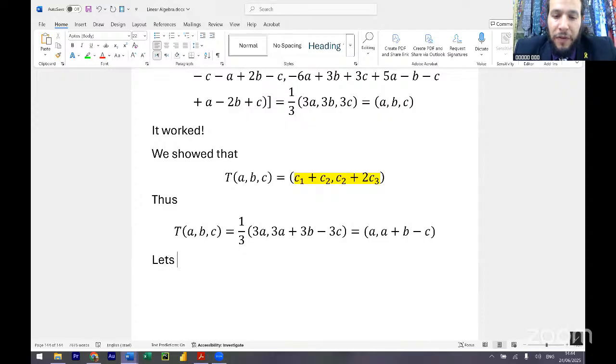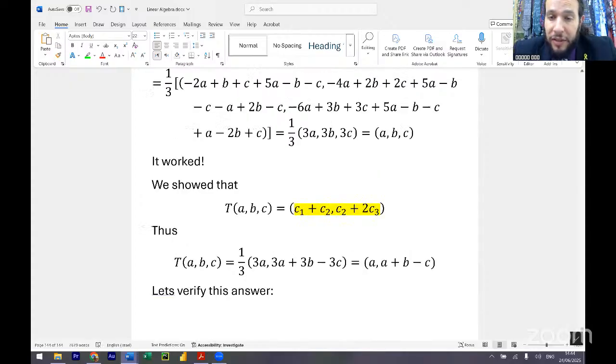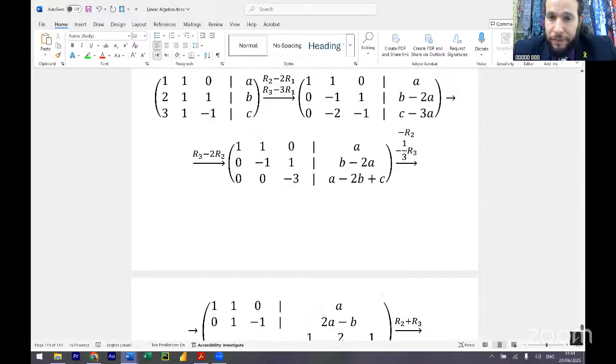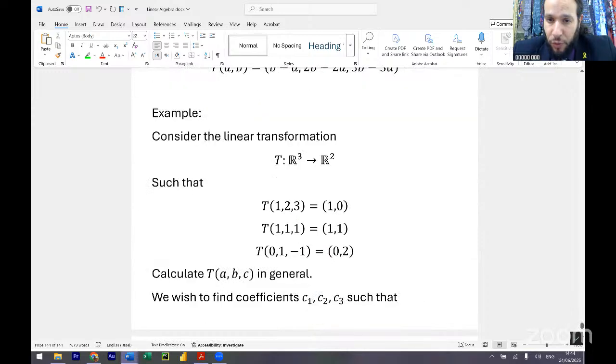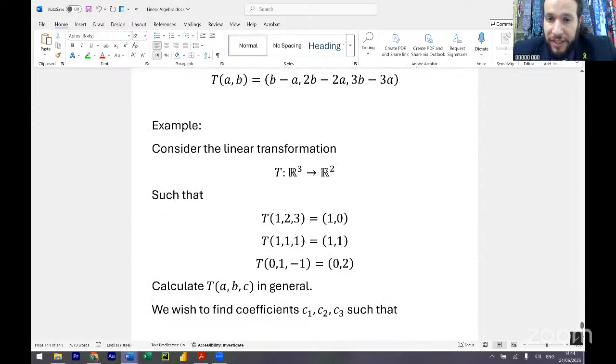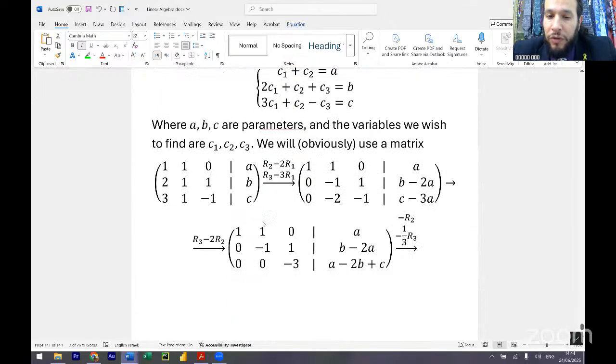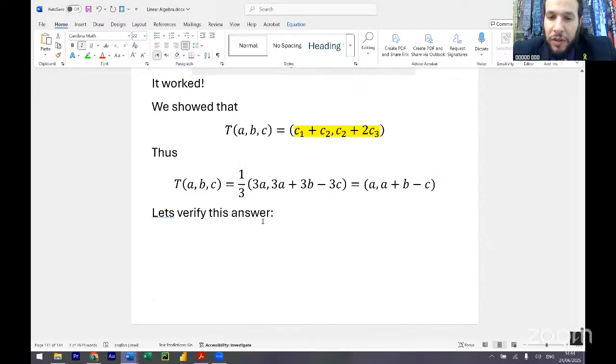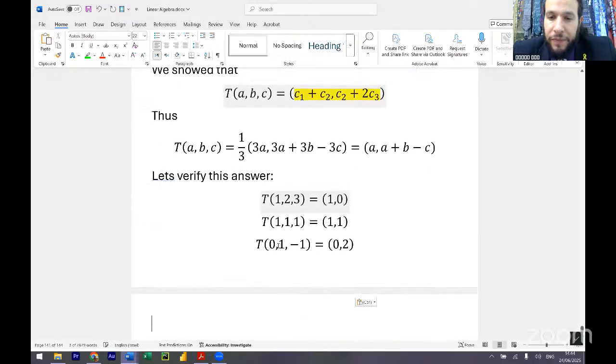Let's verify this answer. And how do we do that? Our assumption was these three equations. Let's make sure that they are correct, that they follow the formula we found in general. So let's see.